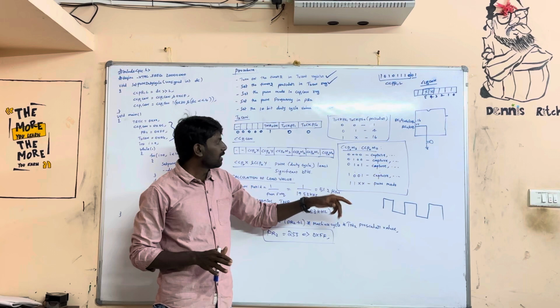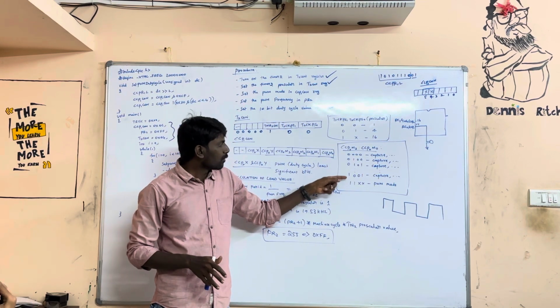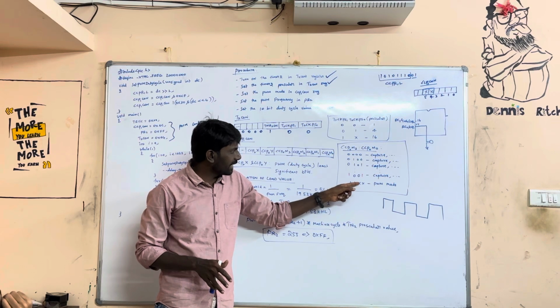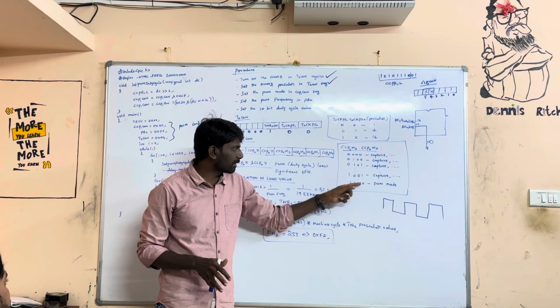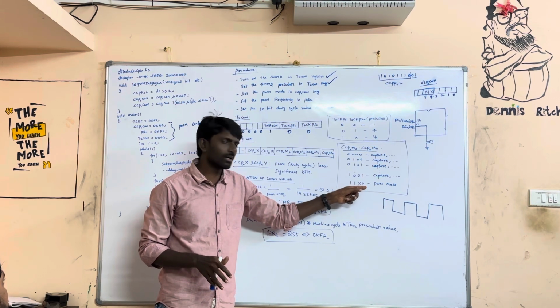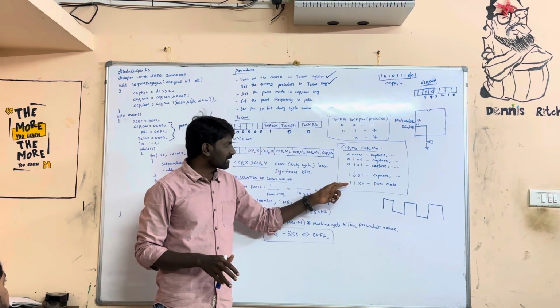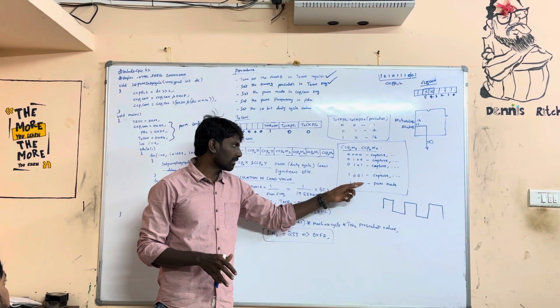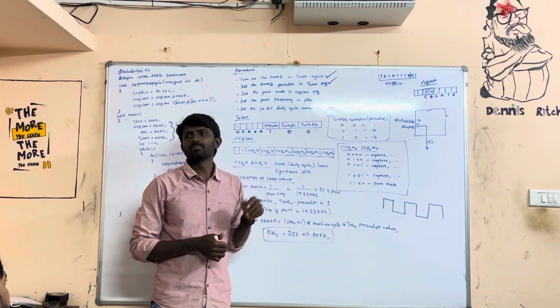Till this it is same. When the number starts with 11, 11XX means 1100, 1101, 1110, 1111. So these all are PWM mode. Anything you set, by default it is a PWM mode.